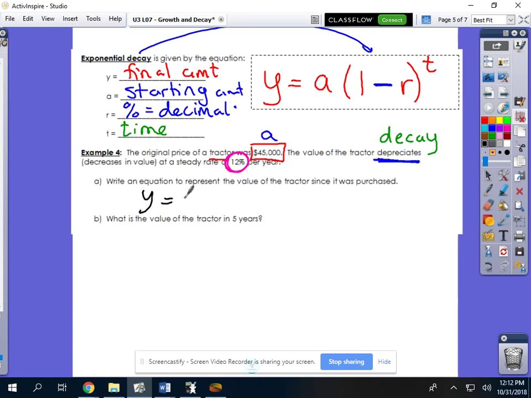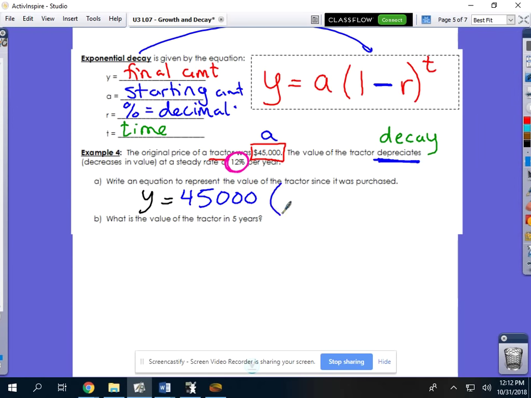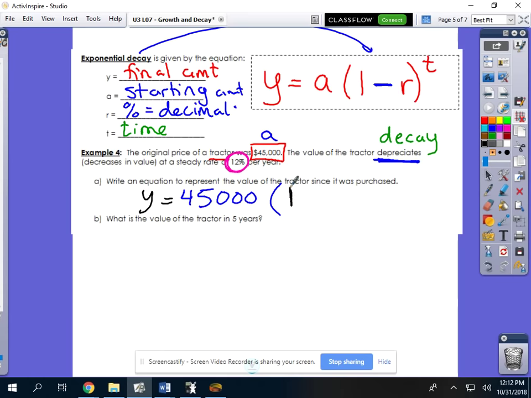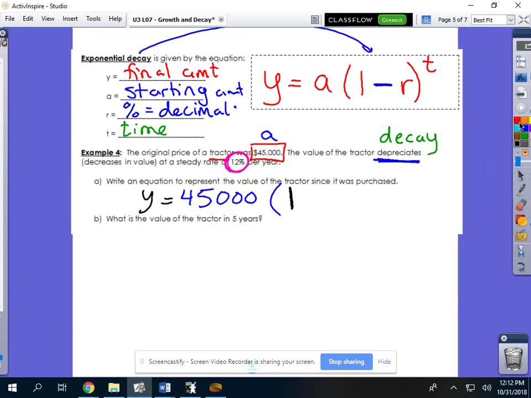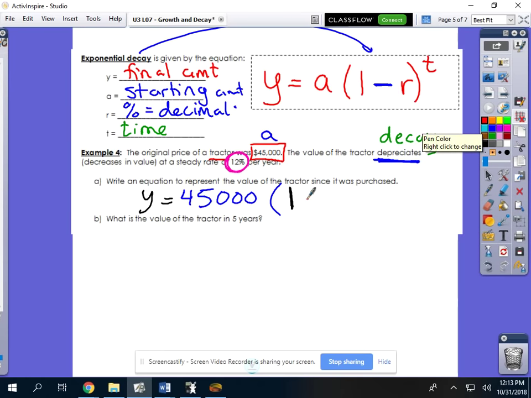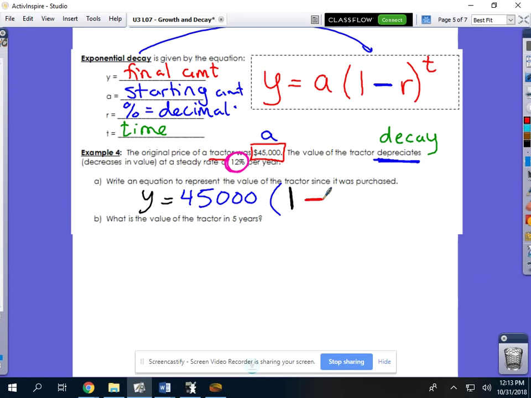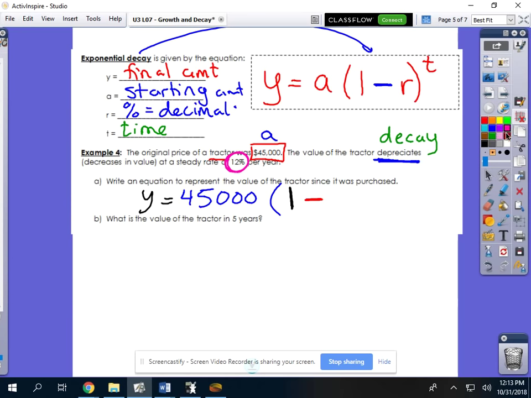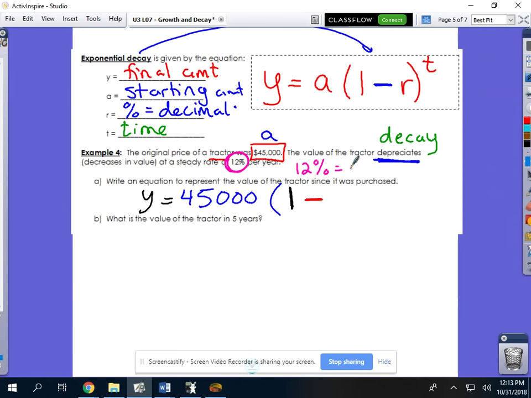Y equals our starting amount, which was 45 grand. So 45,000, open parentheses, the one that's always there. Here's the only change. Instead of it being plus, it's now going to be minus, and we're going to be subtracting our rate. So 12%, don't forget 12% as a decimal is 0.12.